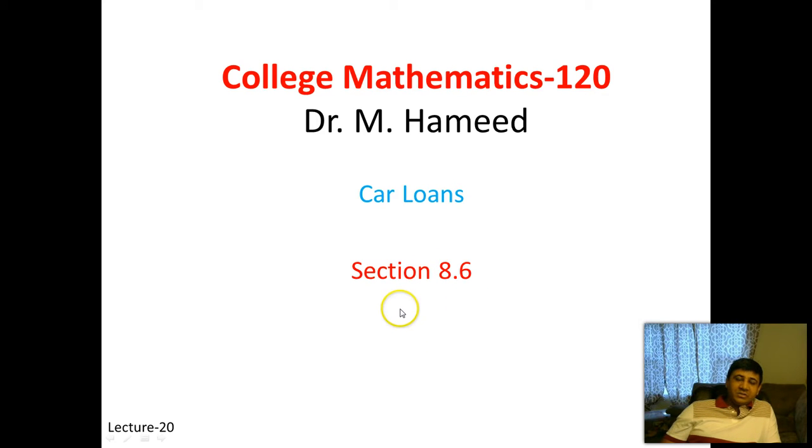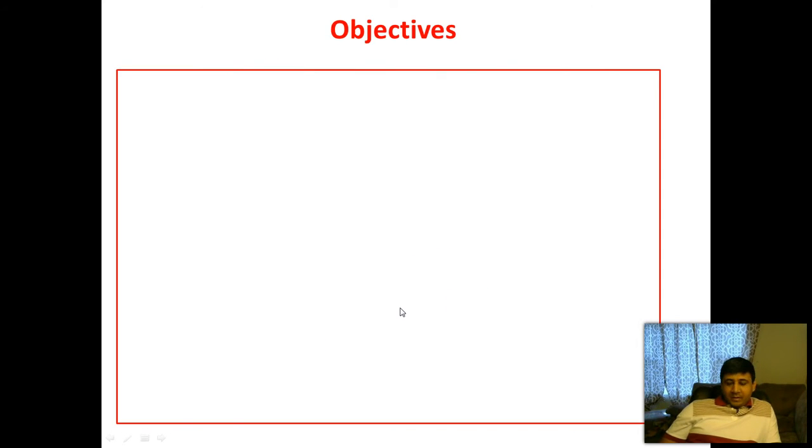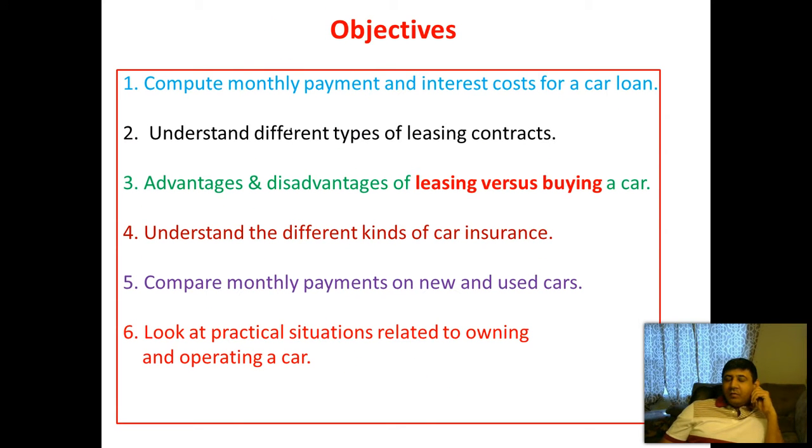Okay, so we are in section 8.6, and the main objectives in this section revolve around car loans. We will learn how to compute monthly payments and interest for a car loan. We'll talk about different options when you want to buy or lease a car.